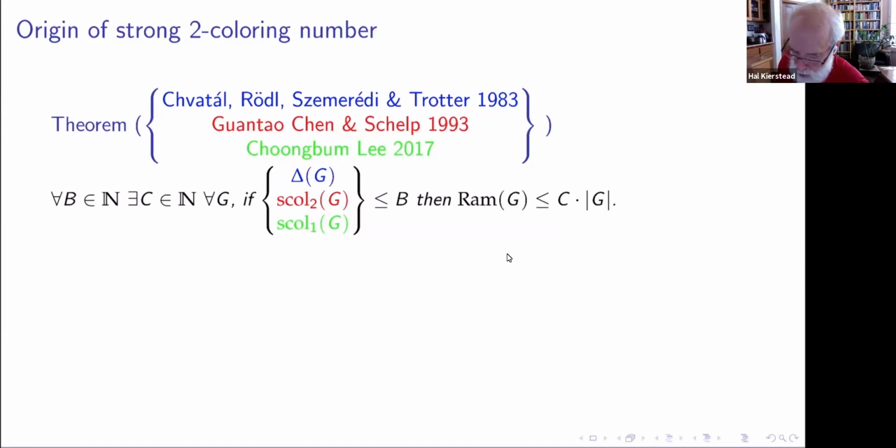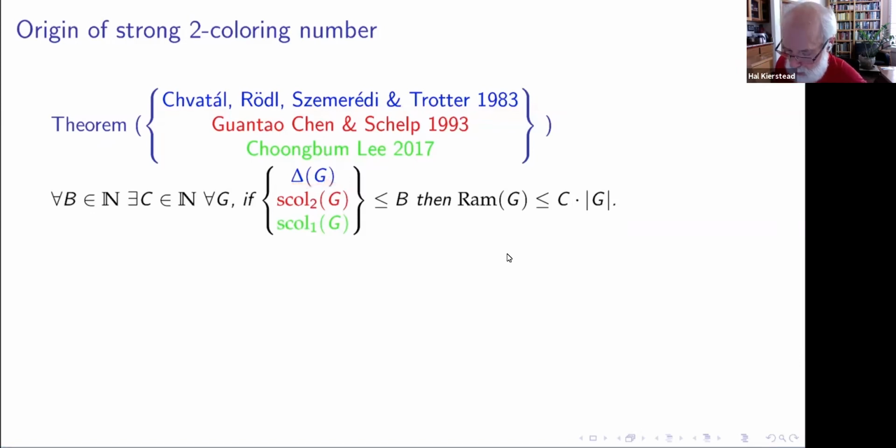Erdős conjectured, and eventually it was proved, that the class of K-degenerate graphs has linear Ramsey numbers. But it took a long time to prove that. In 1983, using the regularity lemma, these authors proved the case where the maximum degree is bounded.